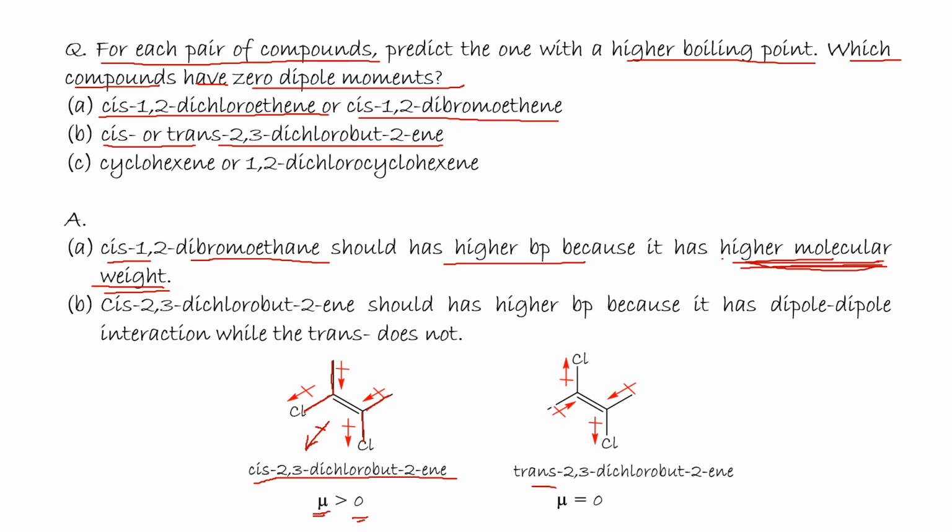In the trans-2,3-dichloro-2-butene, we'll find the methyl in one direction and the other methyl opposing this direction. The same for chlorine, this is up and this is down, so they cancel one another, and the dipole moment will be equal to 0.